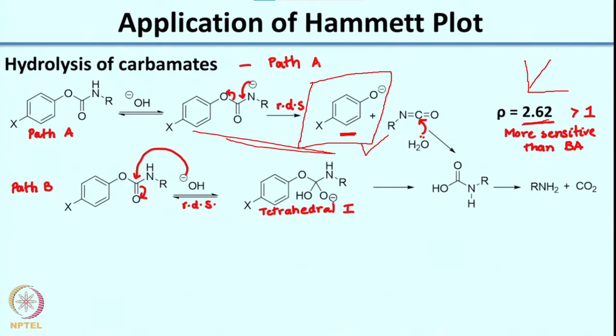Here, this negative charge is far away from this substitution at para position, which is giving a less effect on this intermediate compared to this one. So this one is more stabilized. That's why it's giving a more positive value, which is 2.62, and more sensitive compared to the benzoic acid. So that's why we can predict here pathway A is followed by the reaction to get the corresponding product.